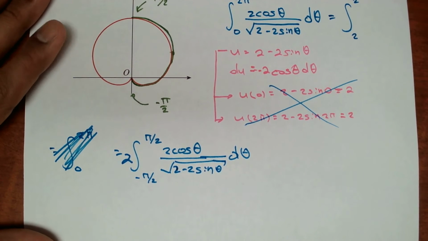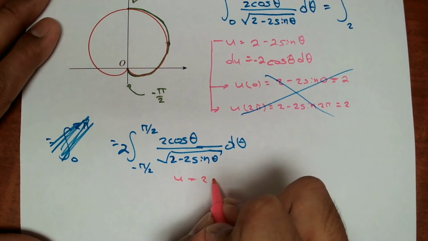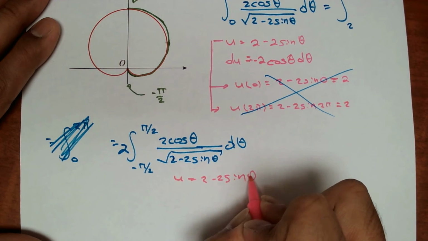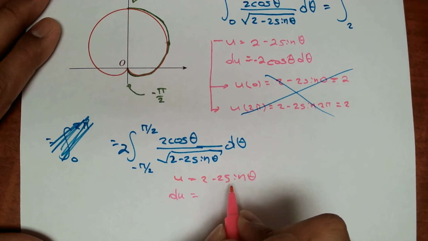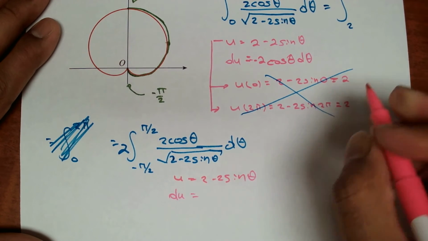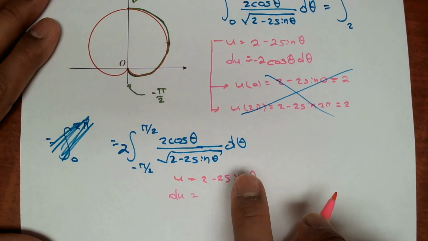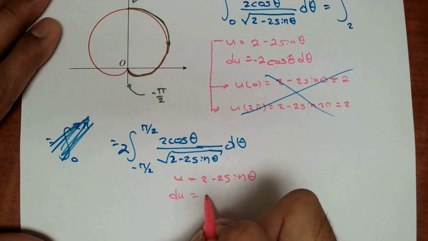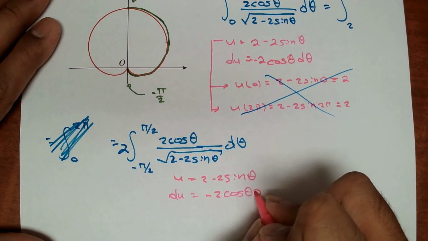Let's do the u-sub again, just so we can get everything together. u equals 2 minus 2 sine theta. The derivative of sine is cosine, so du equals negative 2 cosine theta d theta.